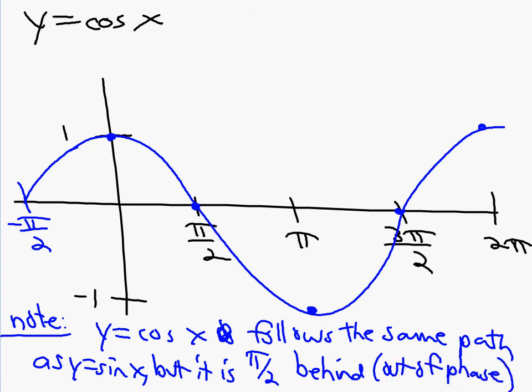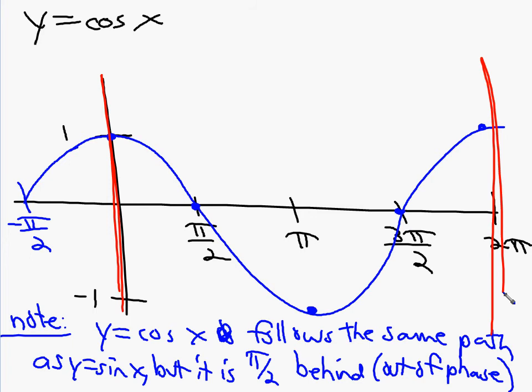It is exactly the same graph. It just happens to be slow. Okay? It's pi halves behind. But again, I want you to note that when we graph this thing, we're always going to work between 0 and 2 pi. That's how we're going to graph these things to start.